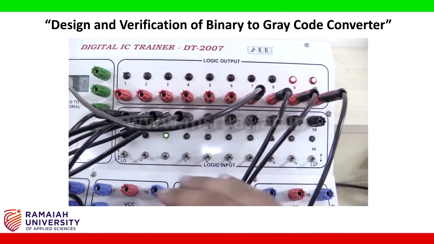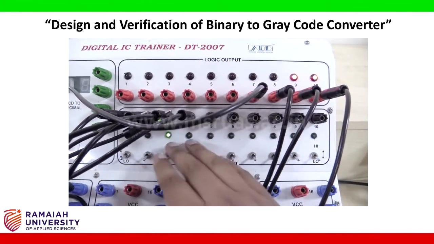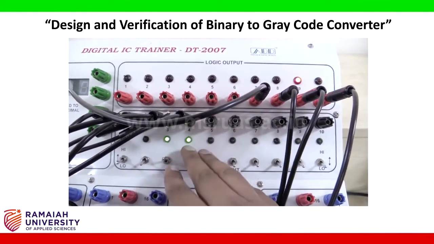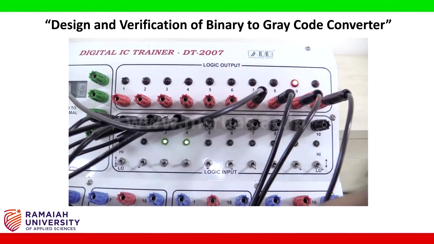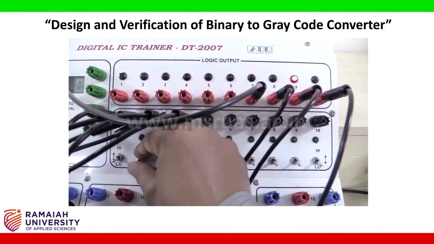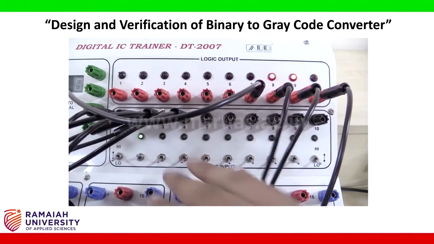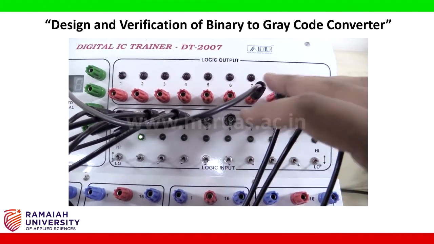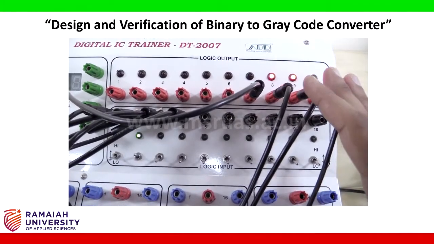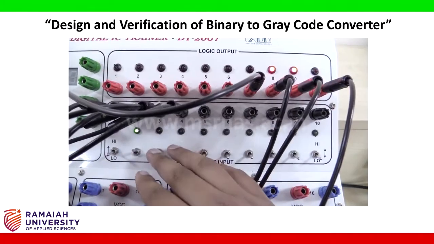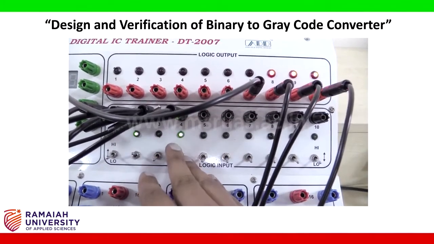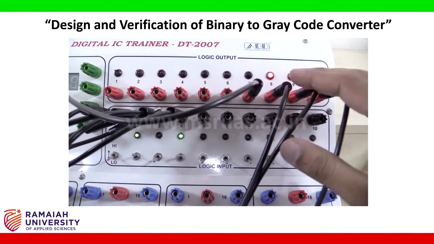For the next combination, input 0 0 1 1, the output will be 0 0 1 0. For the next combination of the input, that is 0 1 0 0, the output will be 0 1 1 0. For the next combination, 0 1 0 1, the output will be 0 1 1 1.